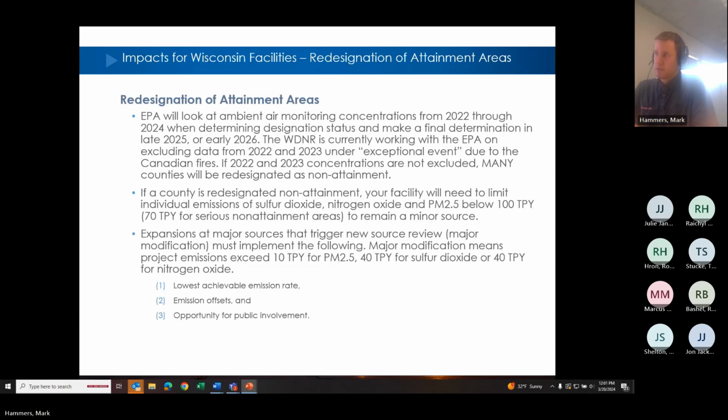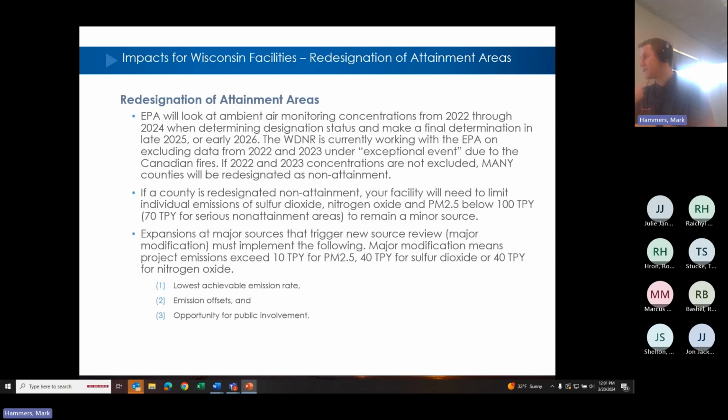Now, the DNR or EPA is going to be looking through the air monitoring concentrations from 2022 to 2024 when they make a determination against this new PM2.5 standard.